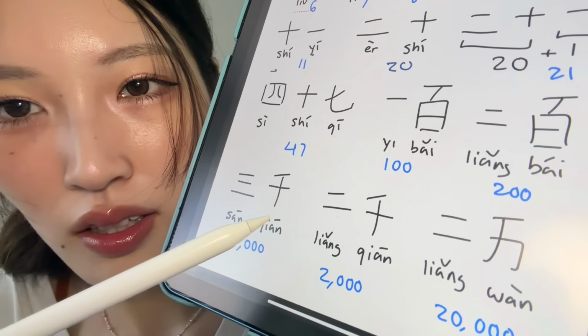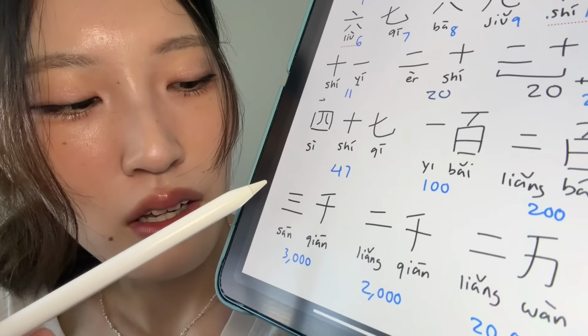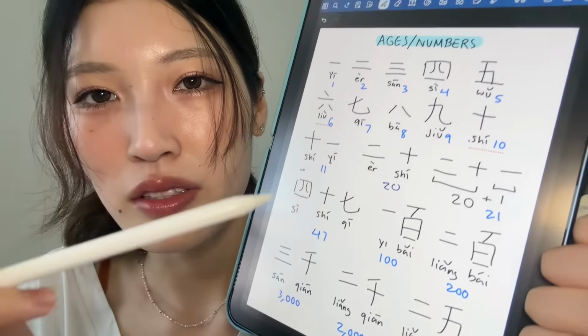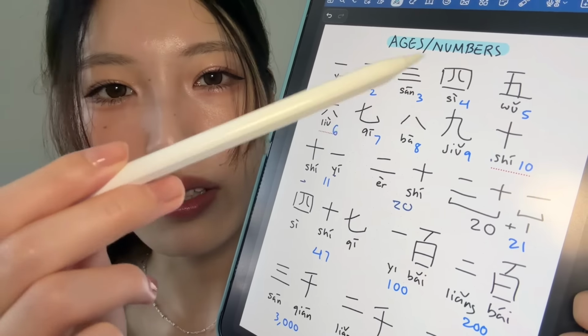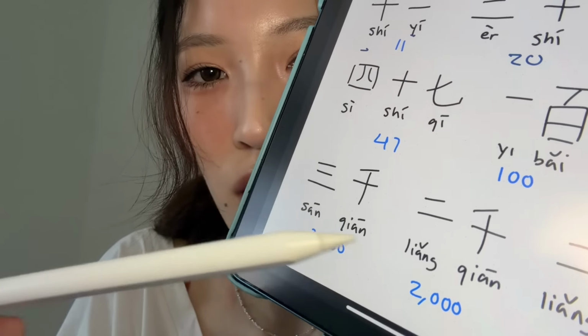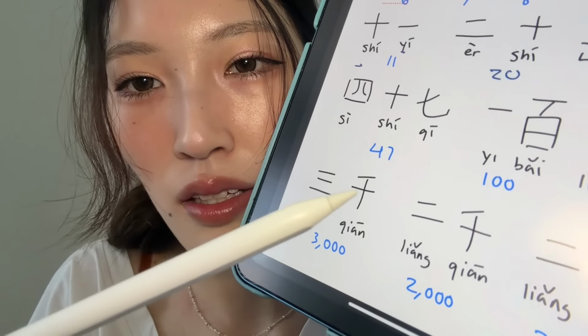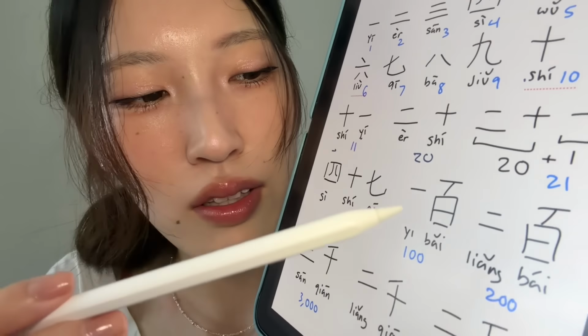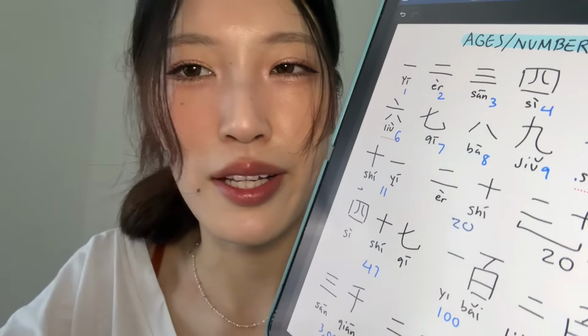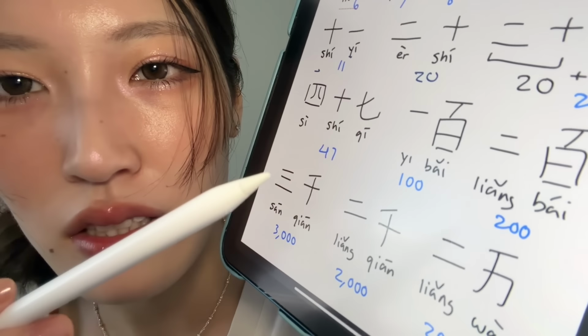千 is 1,000. 3,000. As you can see, I'm still just taking the basic numbers and then incorporating them, adding them into a bigger context for numbers. I believe 2 is the only one that really changes the pronunciation as you go up.